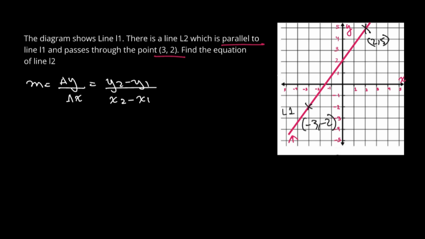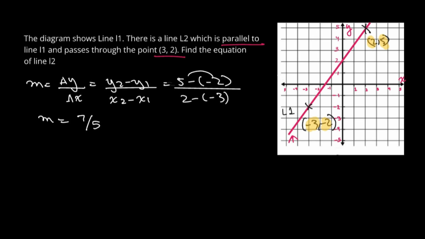So the gradient becomes y2 minus y1, 5 minus -2, divided by x2 minus x1, that is 2 minus -3. So the gradient becomes 5 minus -2, that is 5 plus 2, which is 7, divided by 2 minus -3, which is 2 plus 3, which is equal to 5.